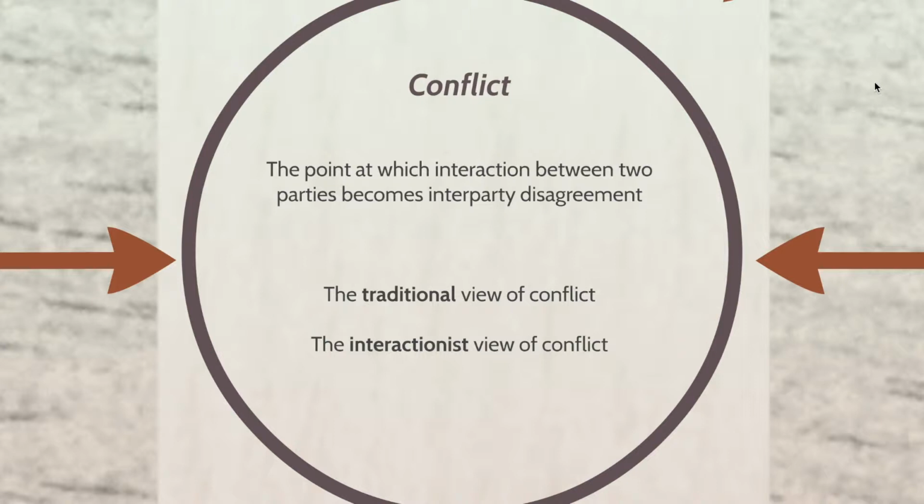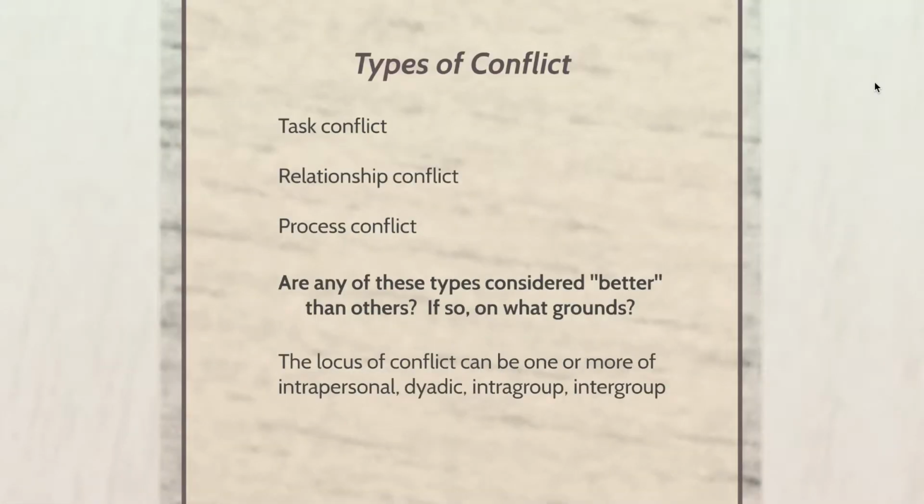Two very different views, as you can see, two very different approaches to conflict. The interactionist view is one that's been adopted more both by researchers and practitioners in recent years. Types of conflict, we haven't touched on this in class, but I think you've read this already in the chapter. There's task conflict, relationship conflict, and process conflict.